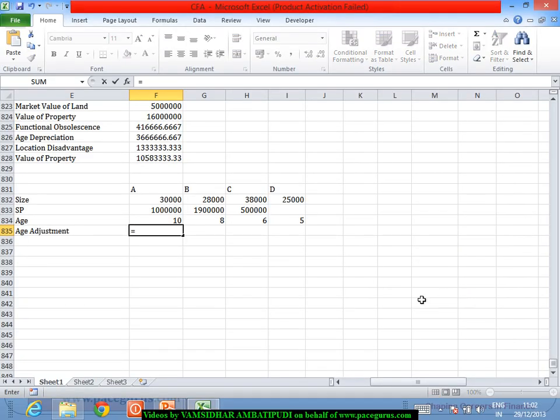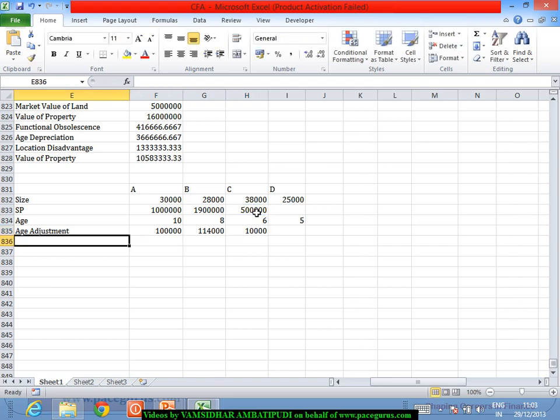So for the age adjustment, whatever is its selling price, I will multiply it by 2% for 5 years. So there is an adjustment of 100,000 with respect to age for this. Similarly, there is an adjustment of 2% per year for 3 years, because this is 3 years older than our current property. And in the same way for this property, we are adjusting it by 2% for 1 year.